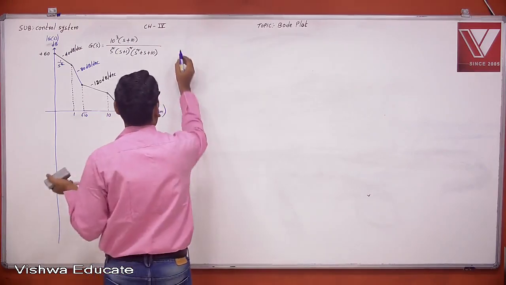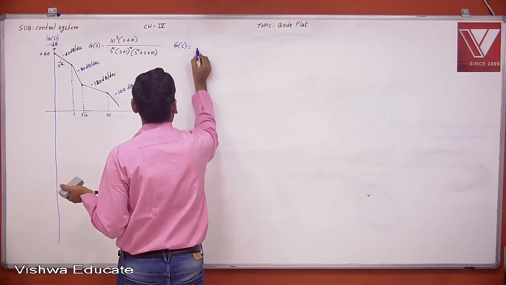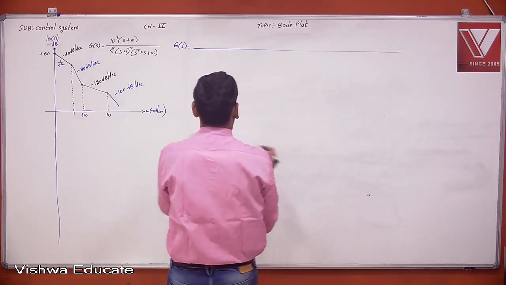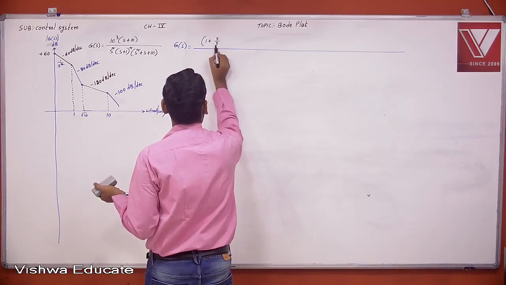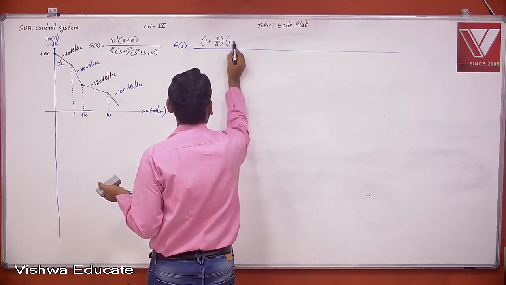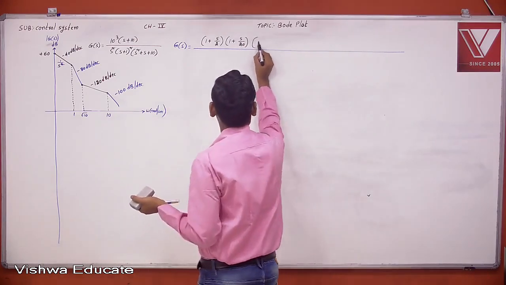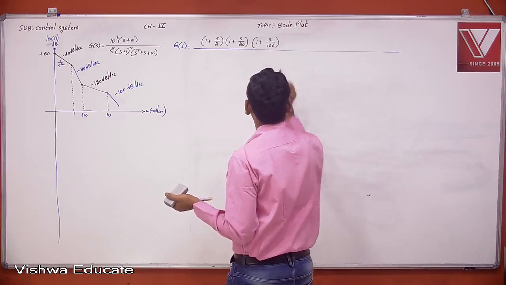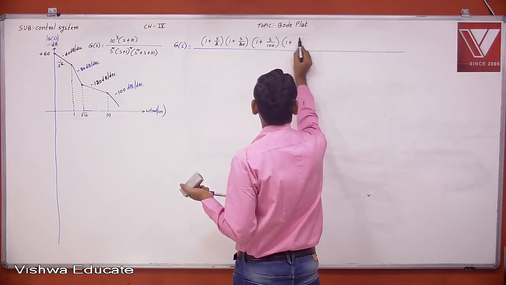Now this is the transfer function which is given to you, G of s, which is equal to 1 plus s by 2, 1 plus s by 20, 1 plus s by 100, 1 plus s by 500.